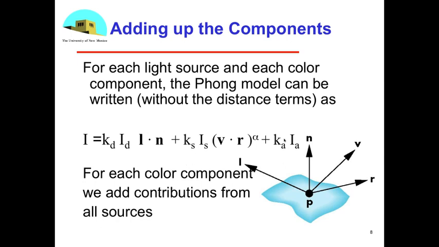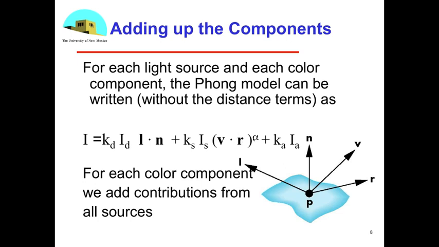Here at the end is the ambient term, which doesn't depend on where the point is located. It just depends on the absorption of that material and the incoming ambient light. And here's the specular term, which again has a reflection or absorption constant, the strength of the incoming light for each component, and then the dot product, the cosine of the angle between the vector to the viewer and the direction of a perfect reflection, and we have to compute that angle.